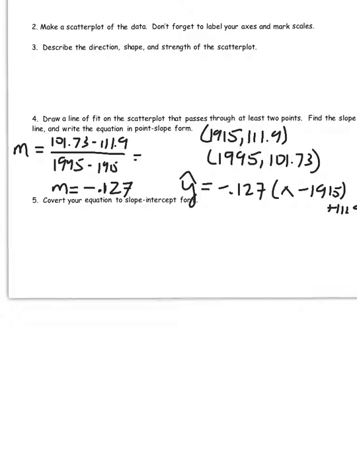The next part says convert your equation to slope-intercept form, so I'm just going to rewrite that, but I'm going to multiply out that negative 0.127 to both terms there.